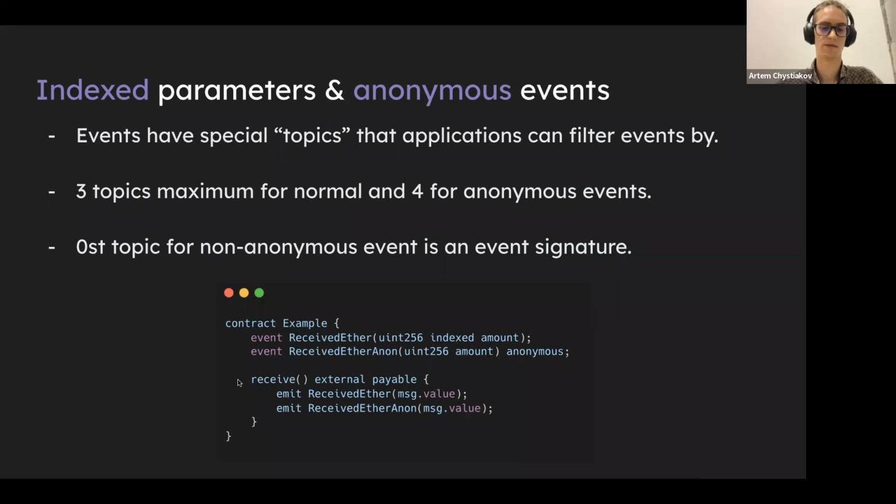But if the data is specified, if you use anything in the data, the receive function won't be called, and the fallback function will be called instead. Because there is no fallback function in this contract, you will get a revert. Okay.